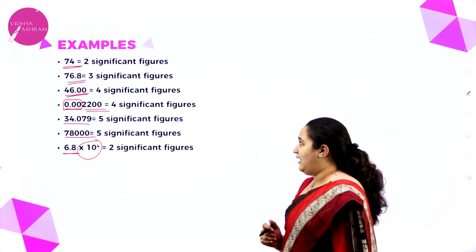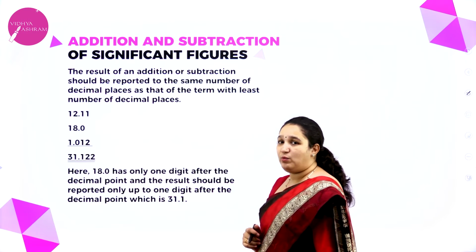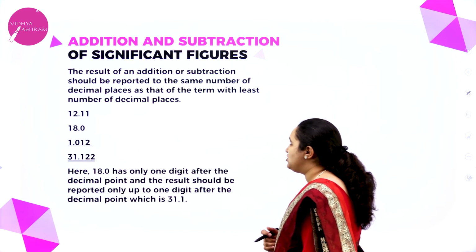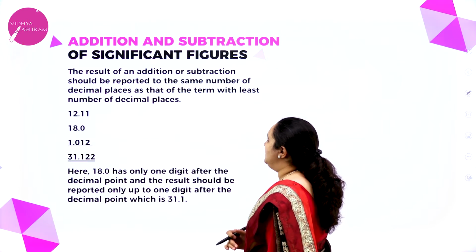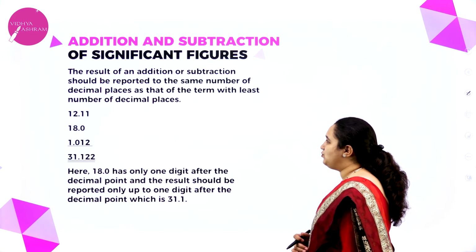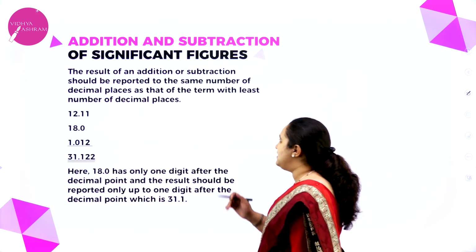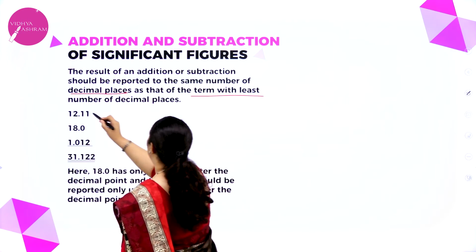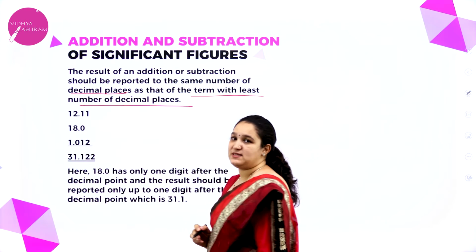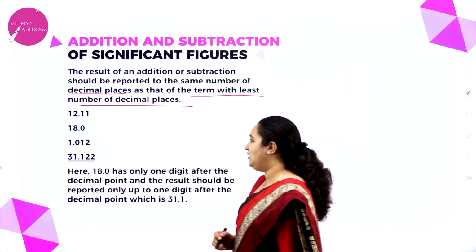Next, we learn about addition and subtraction of significant figures. The result of addition or subtraction should be reported to the same number of decimal places as in the term with the least number of decimal places. What is the meaning of this?